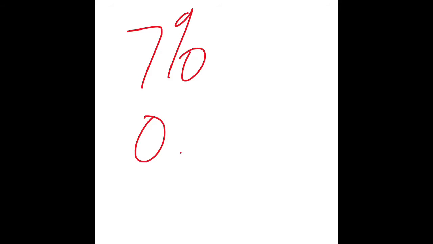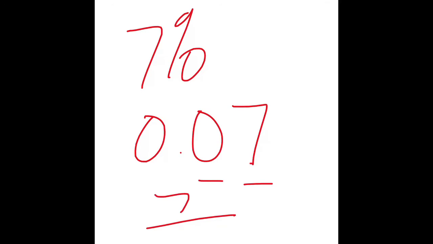Now, how about you guys try 7%? Okay, so hopefully you got 0.07, where you need 2 digits, or 7 over 100. That's as reduced as it can be there.